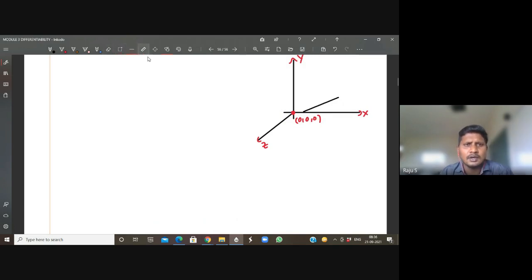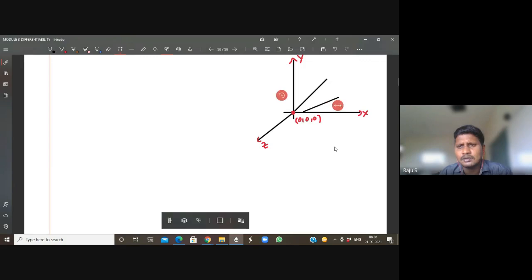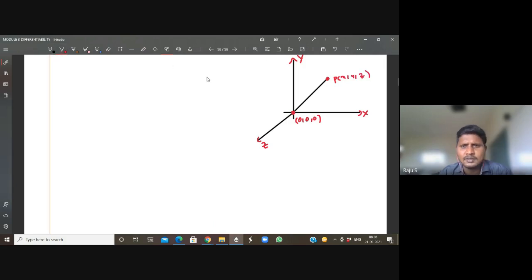Any line, I'm going to take the line in three-dimensional space. This line can make an angle. Take any point P of x, y, z in space, and join the origin and the point P. We know that with respect to the x-axis, the line makes an angle alpha, with respect to y, beta, and with respect to z, gamma.